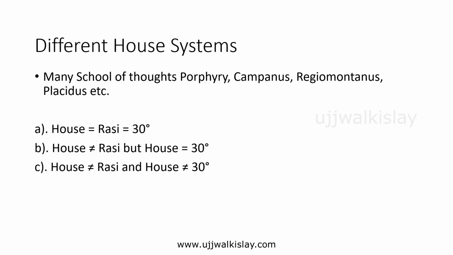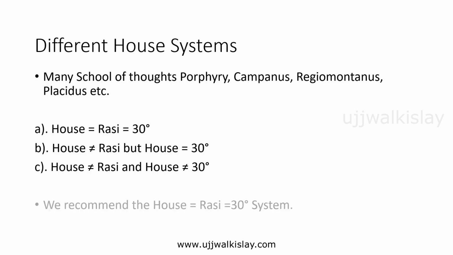In the second system, house is not same as the Rashi, but the extension of house is 30 degrees fixed. And there is a further third kind of house system where house is different from the Rashi and the measure of house can also vary. That means it can be more or less than 30 degrees. We will not go into their details. We recommend to use the first system, that is the house equal to Rashi equal to 30 degrees.